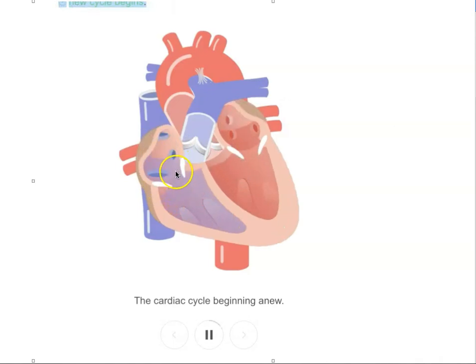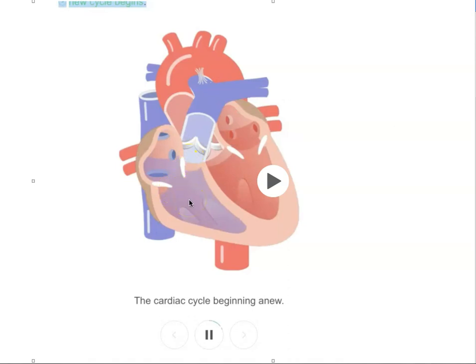It's pretty simple once you figure it out. Always remember, when the AV valves are open, it's during diastole, and during diastole those semilunar valves are closed.